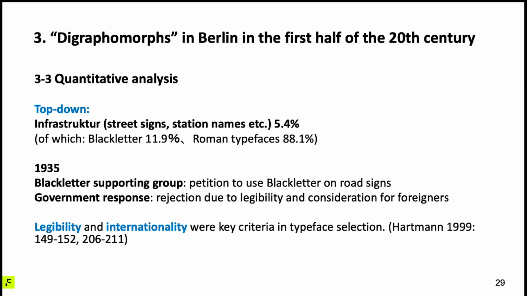According to Huffman, in 1935, a Blackletter-supporting group requested to switch to Blackletter in road signs, but this was rejected by the government due to disability concerns and consideration for foreigners. This suggests that disability and internationality were key factors influencing typeface selection.